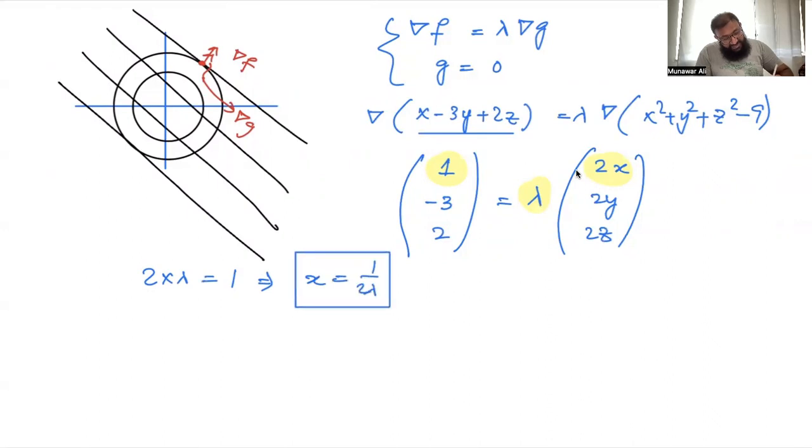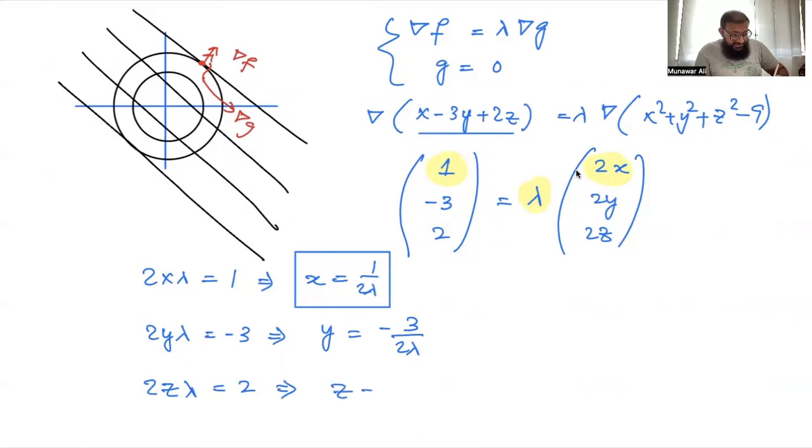You might be thinking why I'm finding the value of x in terms of lambda. It will be clear in a moment. And 2y lambda is -3. This gives me y equals -3 by 2 lambda. And 2z lambda is equal to 2. This gives me z equals 1 over lambda.